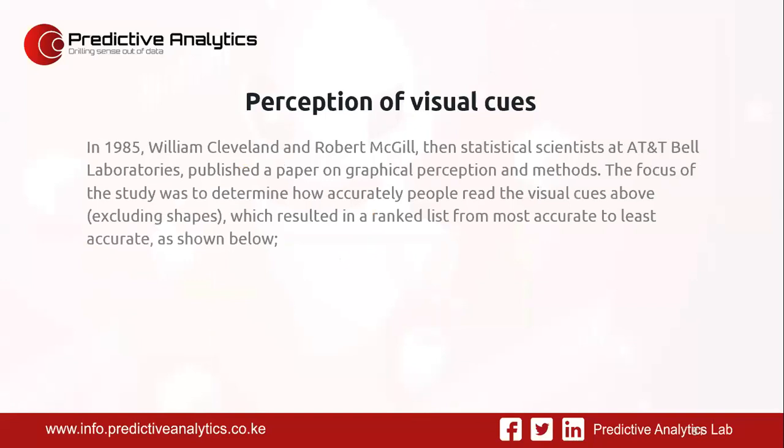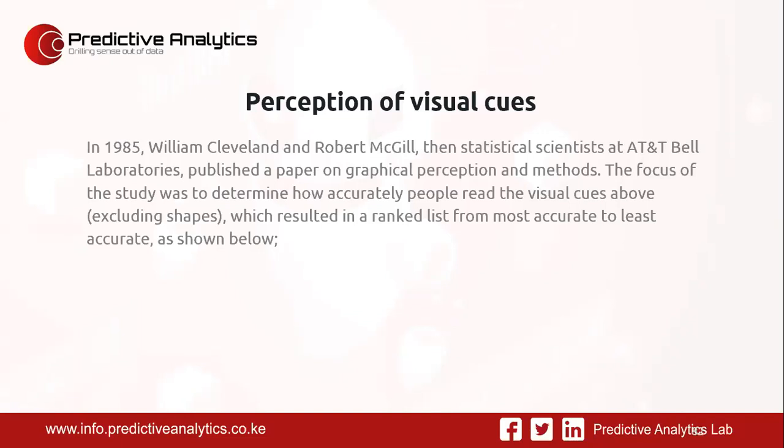Let's look at perception of visual cues. In 1985, William Cleveland and Robert McGill, then statistical scientists at AT&T Bell Lab, published a paper on graphical perception and methods. The focus of the study was to determine how accurately people read the visual cues above, excluding shapes, which resulted in a ranked list from the most accurate to the least accurate.